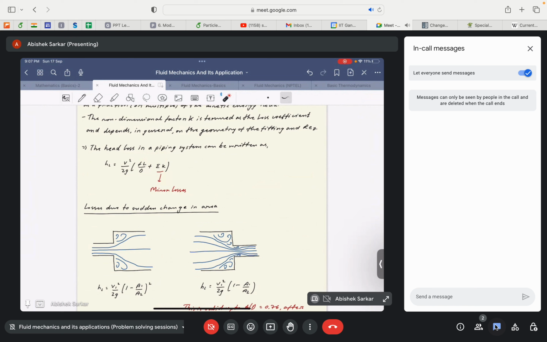So these losses are usually termed minor losses in the flow field, but contradictory enough, in most cases losses due to fittings, bends or valves are comparatively higher than the head loss due to friction, right?